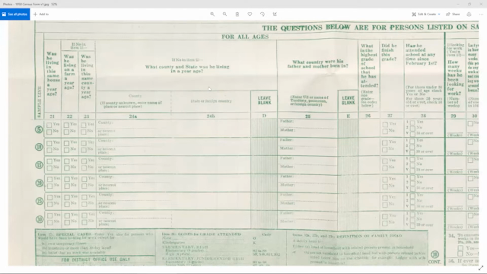Again, it's the same as up there on the birth question, but if it is a foreign country, they are asked to record it based on the present day boundaries. And if it's not known, like if they don't know what the country is today, and I mean today as in April 1st, 1950, they are to record the former name or another locality, but they are to leave 24A, so the county or nearest place, blank.